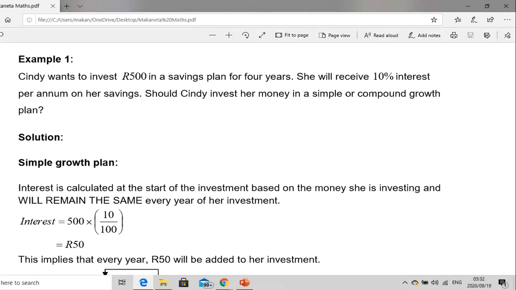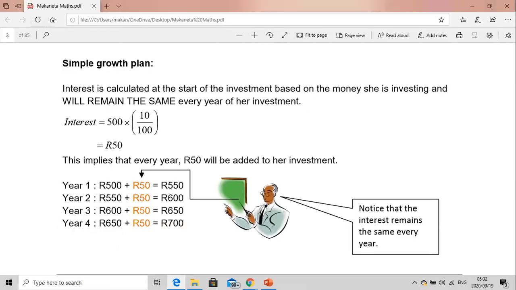By the way, they work the same. Always, the first year's interest for both compound and simple interest works the same. At the end of the first year, you will have 550 rands. And of course, in the second year, you again do only the interest there, which will be the same.